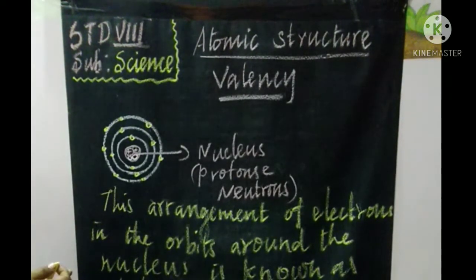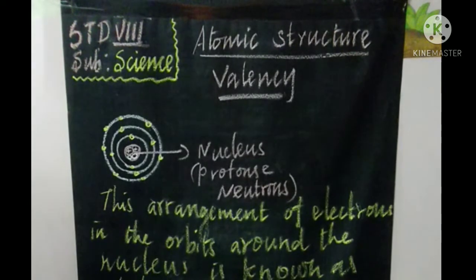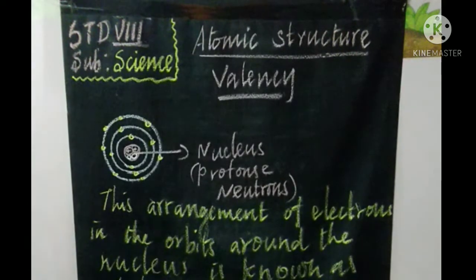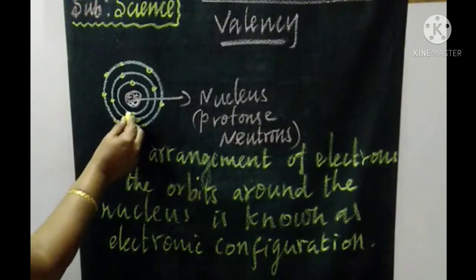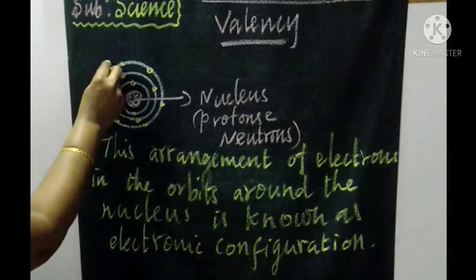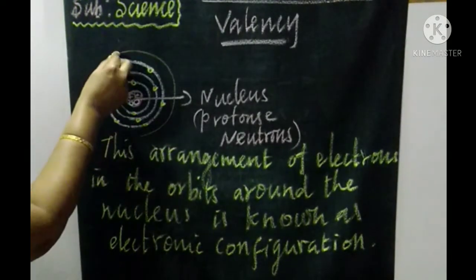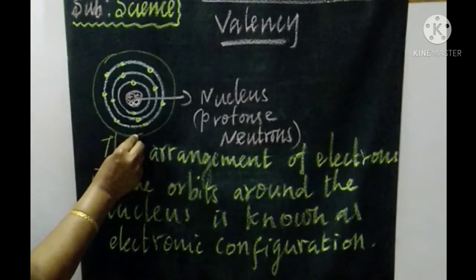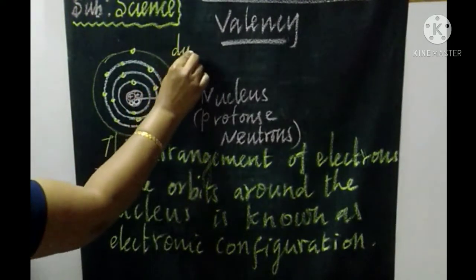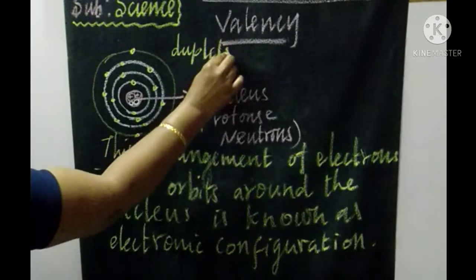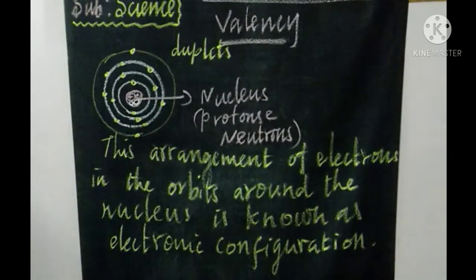You know that atoms of all elements tend to have a stable configuration. If the outermost orbit tends to have two electrons, that is known as a duplet.